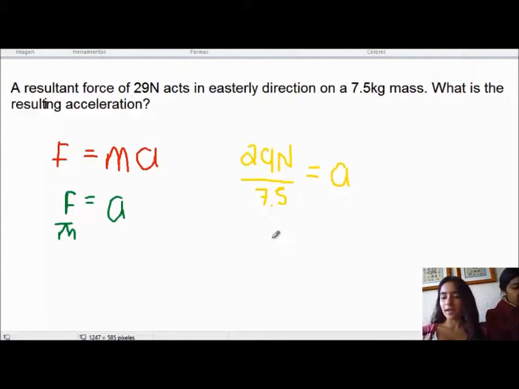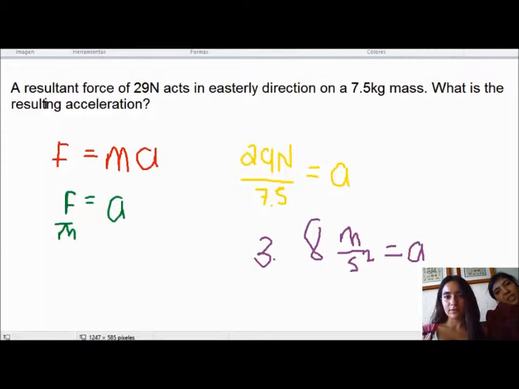What is it, Gabby? Tell me. 3.86. Oh my god, it's so big. Meters over second squared. It's equal to the acceleration. Now it is our resultant acceleration.